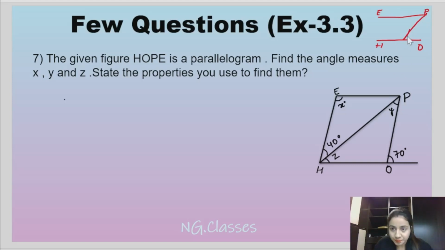Now can I say this angle and this angle will be the same? Why? Because two parallel lines are cut by a transversal line and these two will be alternate interior angles.